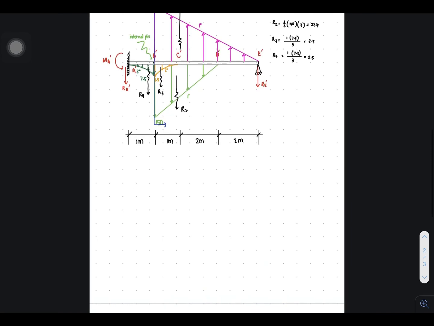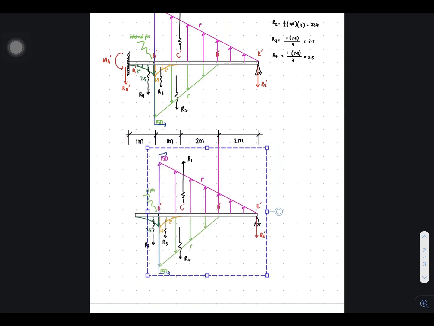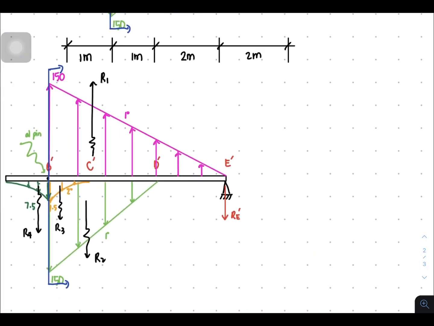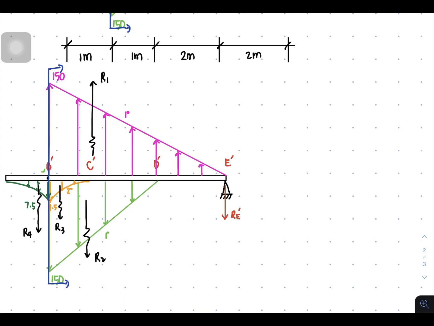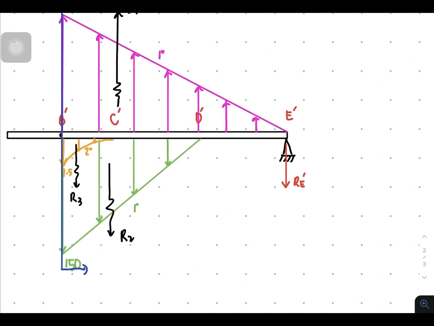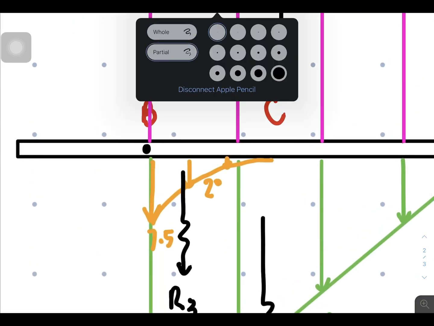So what we're going to do is cut through the beam. So we're going to cut this beam portion, and then we're going to consider the right side, no, para ma-solve siya. So if that's the case, matangtang siya from the system and mugawas ang reaction sa internal pin. So let's copy that and paste it here. And then we're going to remove some nga walay labot. This one here. So we're basically cutting the portion at point B. So there, ato siyang i-cut.